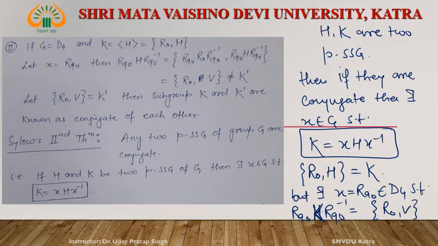Then this K is conjugate to K dash. Since they are p-Sylow subgroups, we say these two p-Sylow subgroups are conjugate to each other.